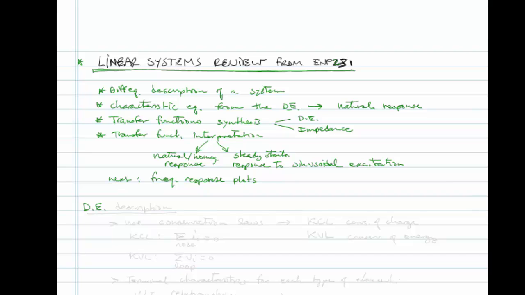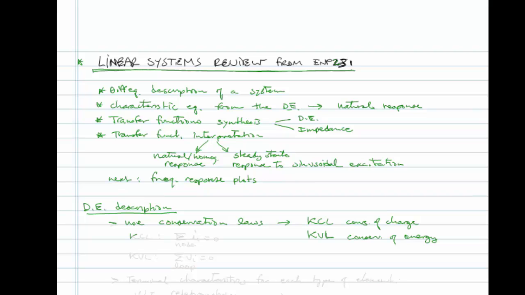Okay, differential equation description. So, in order to write the description of a system as a differential equation, we have to use some conservation laws. And in electric circuits, that was KCL, which was conservation of charge, and KVL, which was essentially conservation of energy.